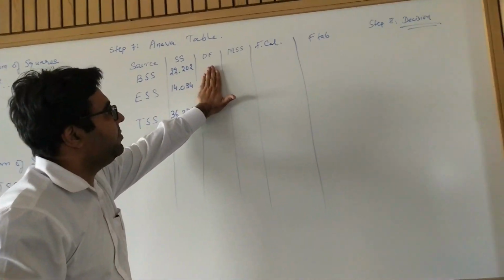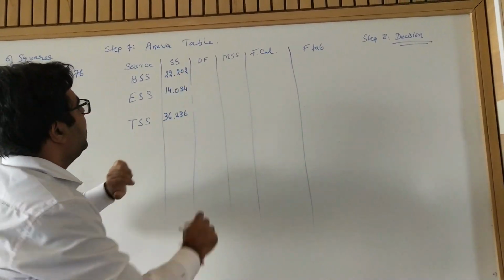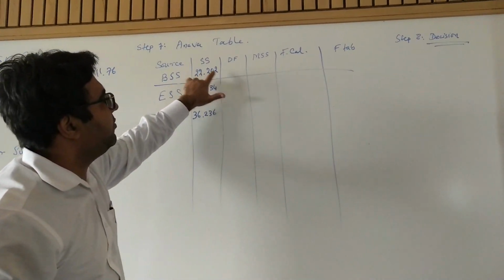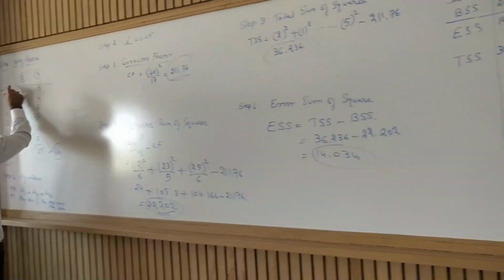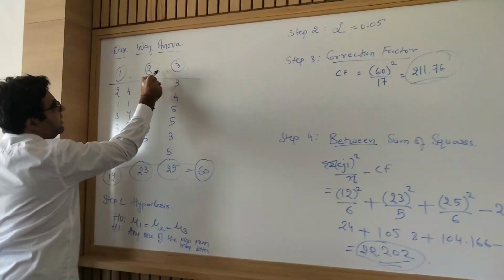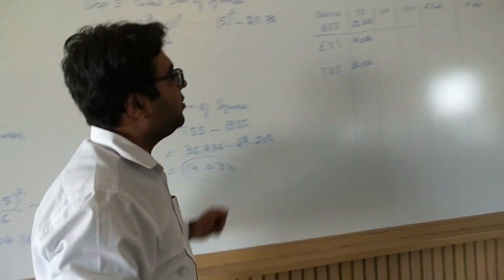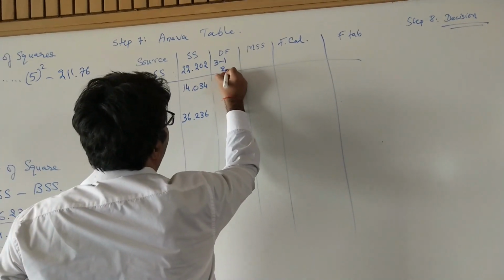Now here comes an important part. We need to find the degrees of freedom. In the line where BSS, the between sum of square, is there, you need to remember how many treatments or categorical values there are. Here we have 3, so you subtract 1 from it. 3 minus 1 is 2.